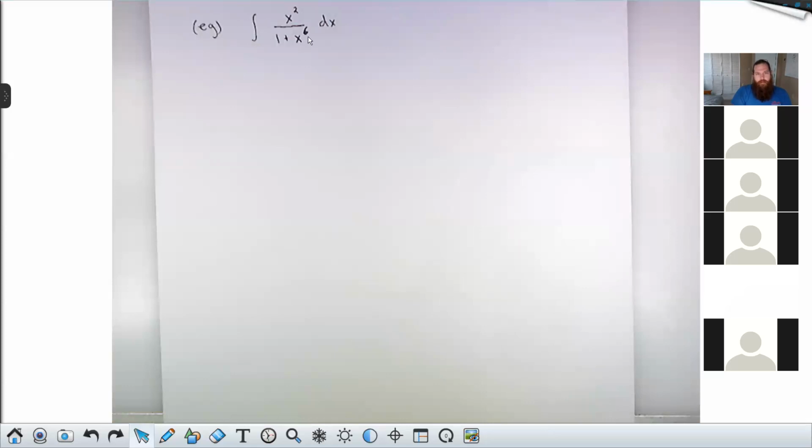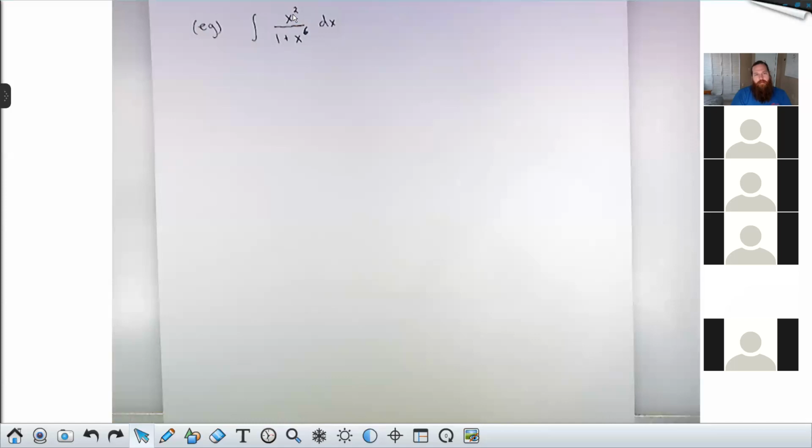This is not as easy to spot. Definitely the large power down here looks scary. I'd like to get rid of that, or at least reduce that if I can. I don't have any tools for integrating things like this really.